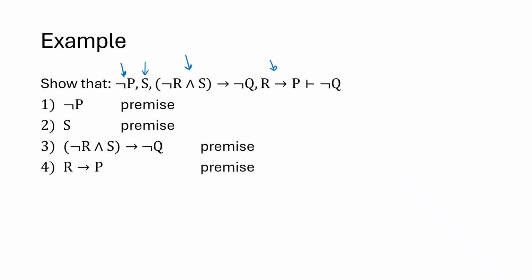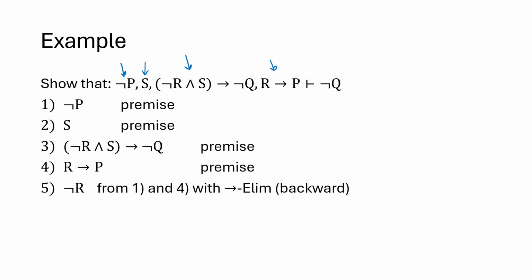Now you need to look at your premises and also have your inference rules ready in front of you and see what can be done here. The first thing that we can do is, if you look at the first line and the fourth line, using backward arrow elimination, line number 4 says if R then P. Line number 1 says it's not the case that P, so it cannot be the case that R. So we can infer not R from 1 and 4 using backward arrow elimination.